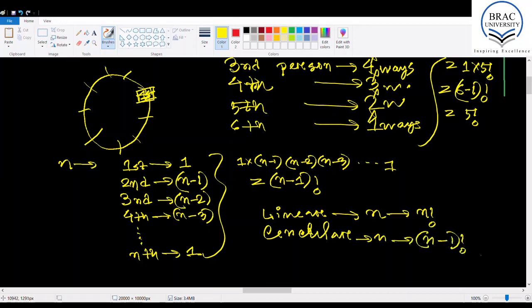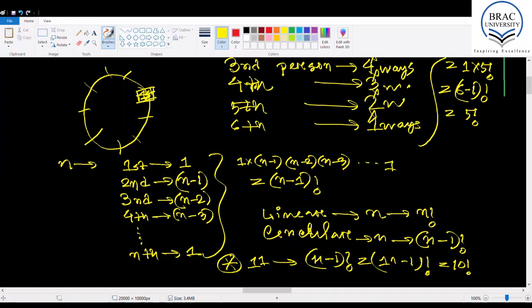So if I ask you that you are given 11 different elements to arrange in a circular fashion, in how many ways can you do that? You can do that in n minus 1 factorial ways, and here n equals 11, that means 11 minus 1 factorial, that is 10 factorial.